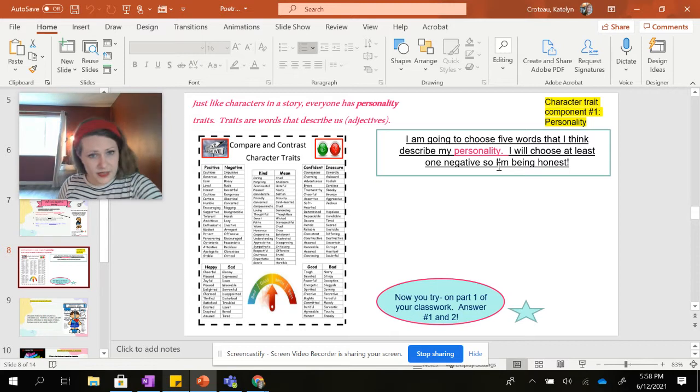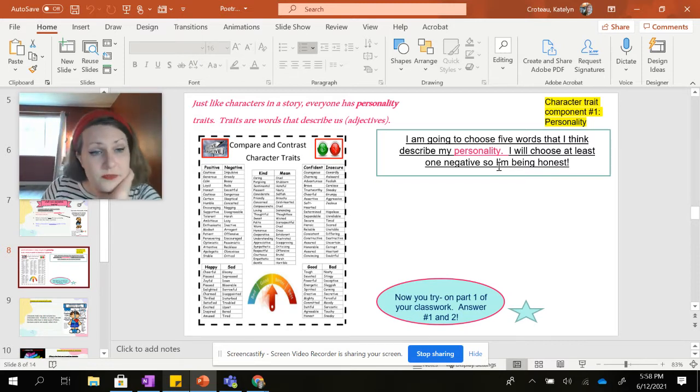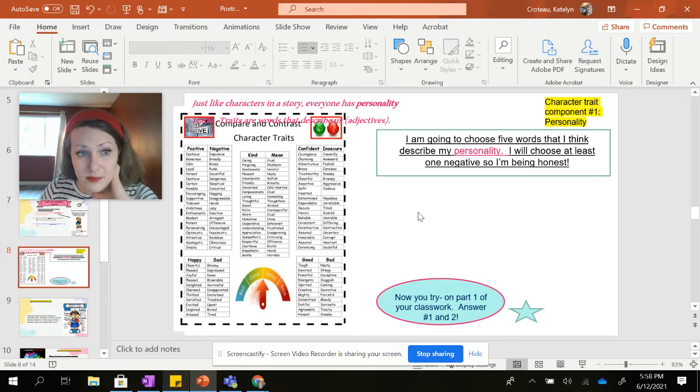That's why on this list here, you're going to notice that it's listed as positives and negatives. Okay, so notice, I'm going to try to make this a little bigger here. We've got positive and negatives. We've got kind and mean, confident and secure, good, bad, happy, sad. Because people are interesting and different and unique, and we are complex. We're not one flat personality trait all the time. That would make you pretty boring if you were just one thing all the time, right?